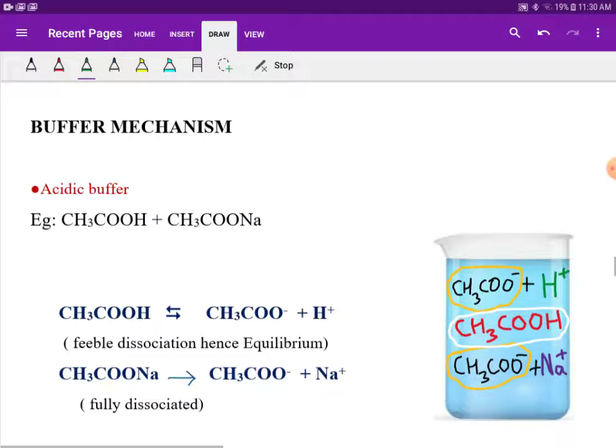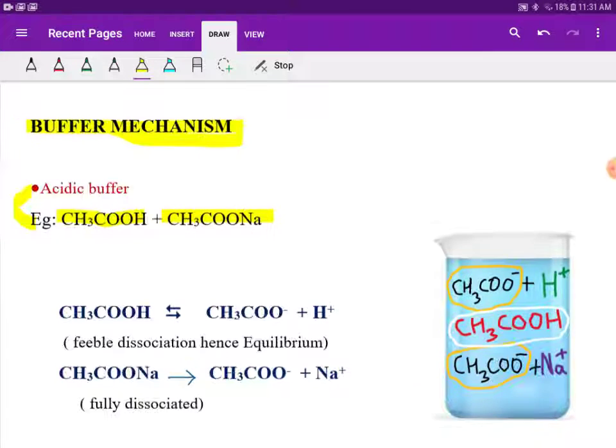Then the buffer mechanism, or how the buffer works on the addition of an acid or a base to resist the change in pH. Let us consider typically an acidic buffer consisting of acetic acid and sodium acetate as an example.